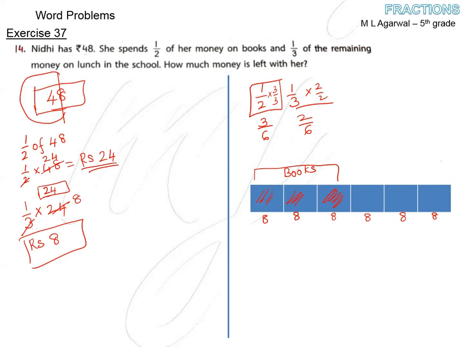So 2 parts are gone for money on lunch. I have converted 1 upon 2 into the like fraction 3 upon 6 and 1 upon 3 into 2 upon 6. So 3 parts will go for books, 2 parts will go for lunch. How much is remaining? Rupees 8. Clear?